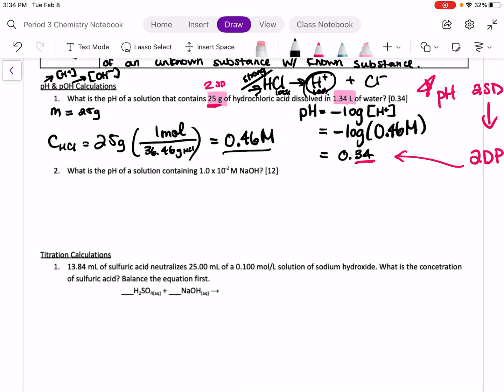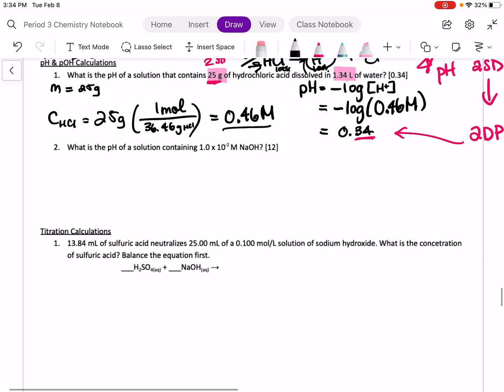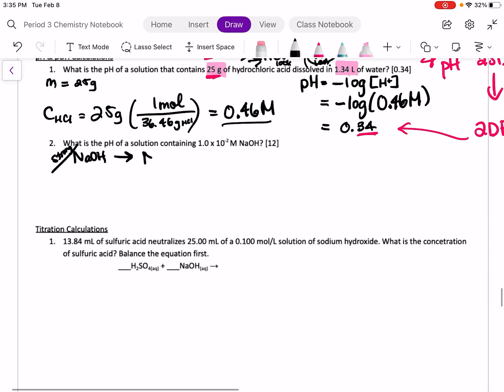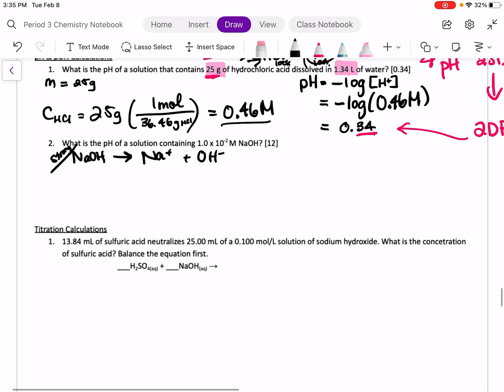We're going to do question number 2. Question number 2 says, what is the pH of a solution containing 1.0 times 10 to the negative 2 moles per liter of sodium hydroxide? So since I'm working with sodium hydroxide, which again is a strong base, I know it will fully dissociate, ionic compounds dissociate, into the sodium and hydroxide ions.